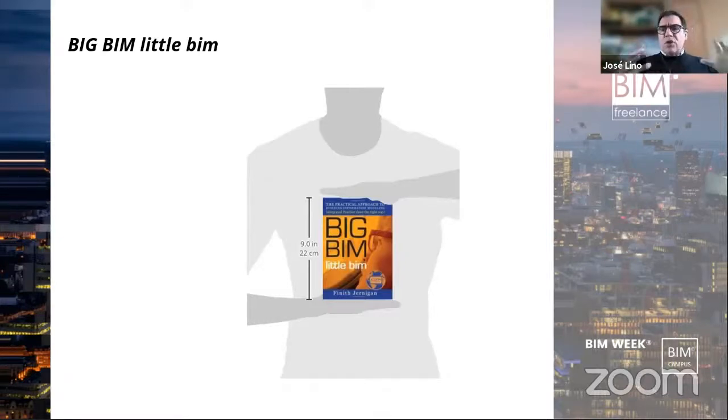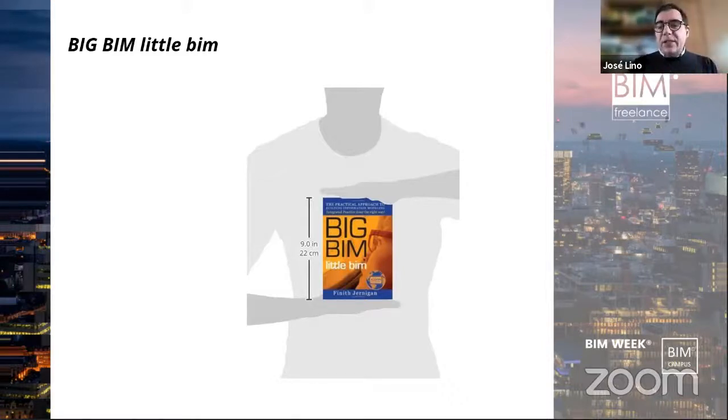Big BIM is a huge BIM, a BIM for huge buildings, a BIM for large highways. What is big? And what is little? Is this a so short BIM, a BIM for a screw, a BIM for a chair, a BIM for a small object? No, nothing of that.